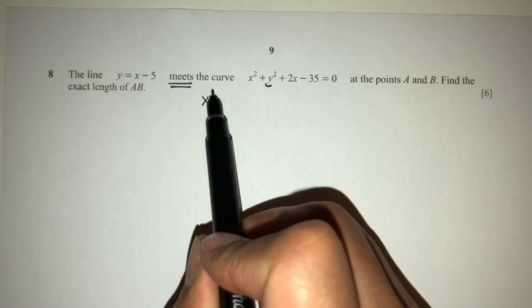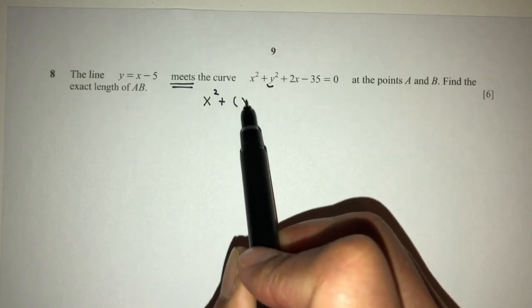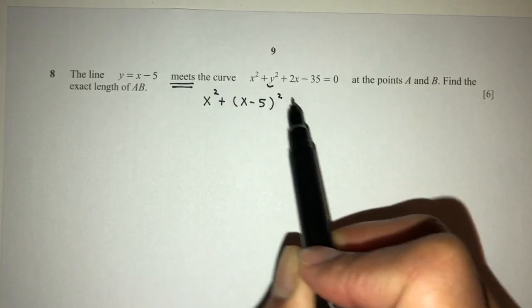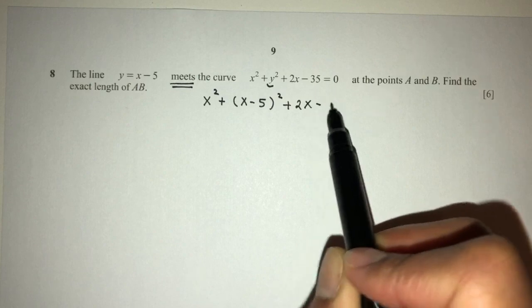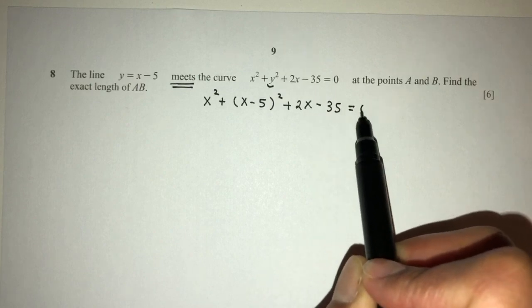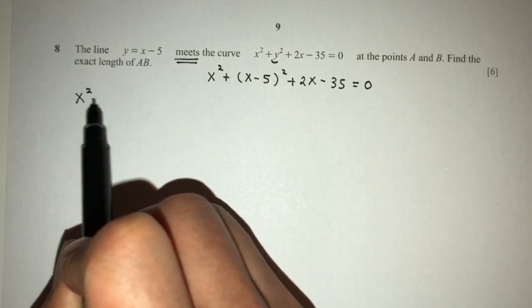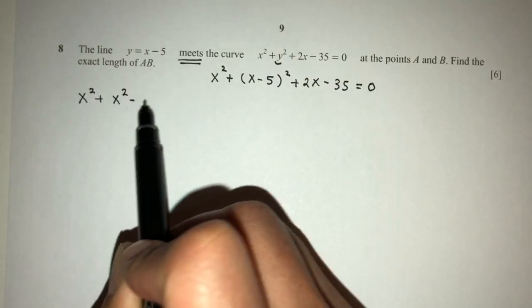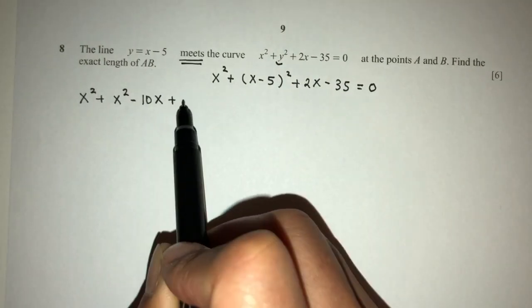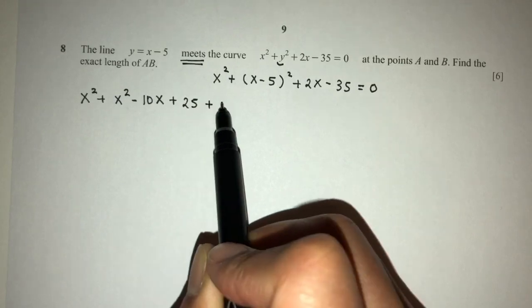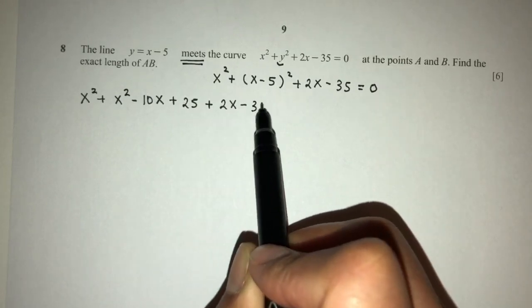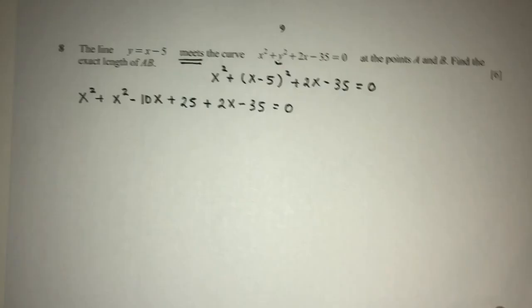That will be x squared plus y squared, which will be x minus 5 squared, plus 2x minus 35 equal to 0. So simplify, that will become x squared plus x squared minus 10x plus 25 plus 2x minus 35 equal to 0.